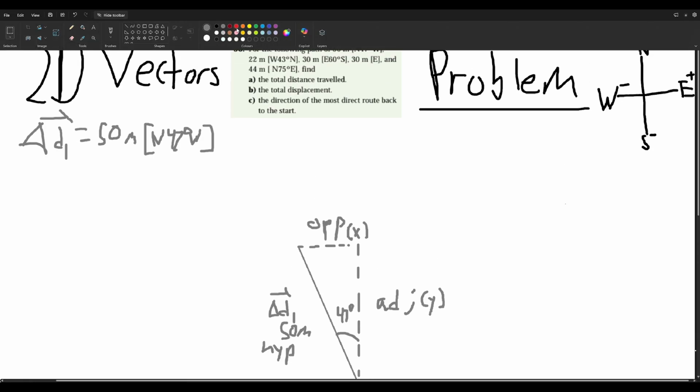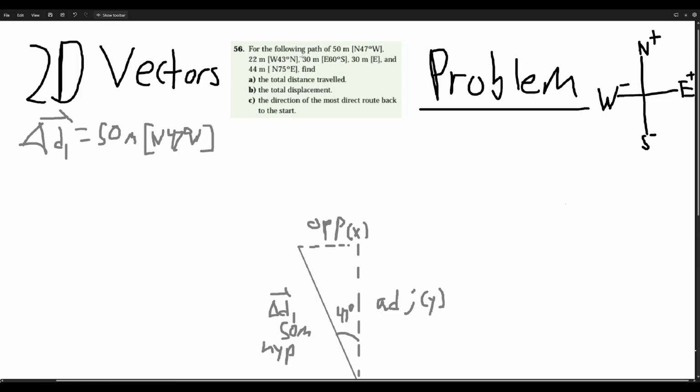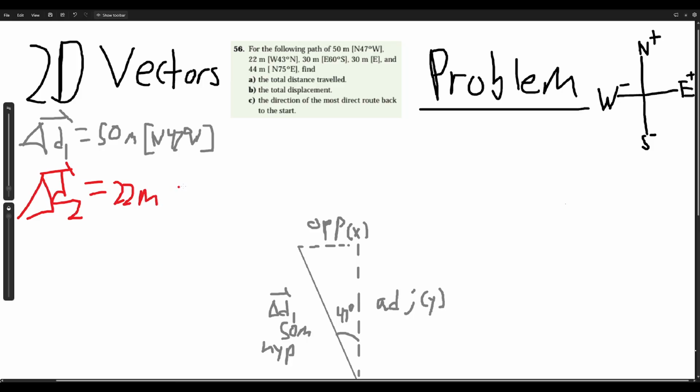Okay, now our next displacement is 22 meters west, 43 degrees north. And same as the other question, you go from the previous vector and you look west, so this way, and you tilt up because it's north 43 degrees.